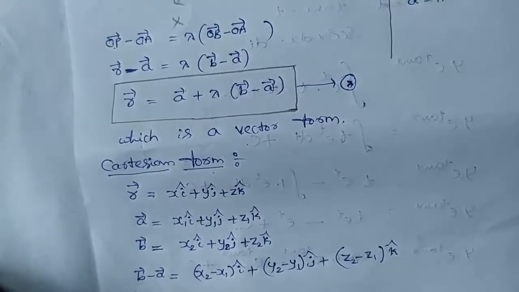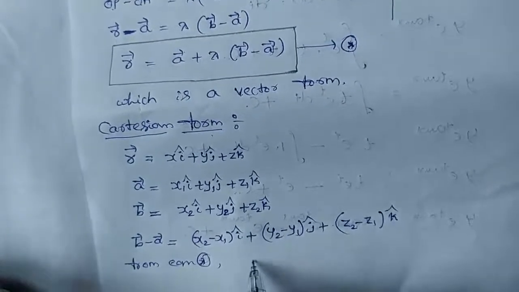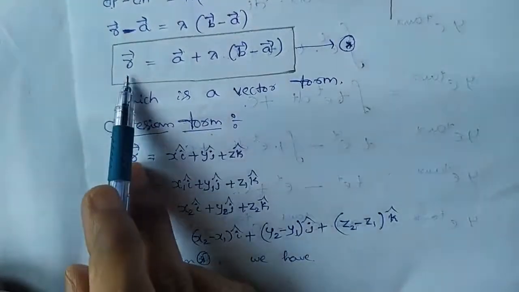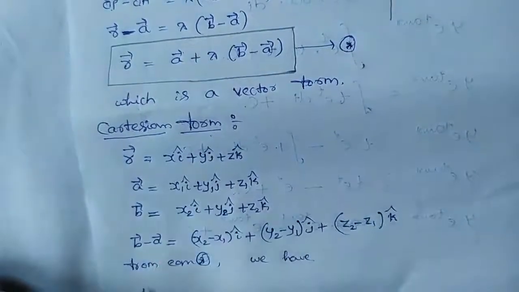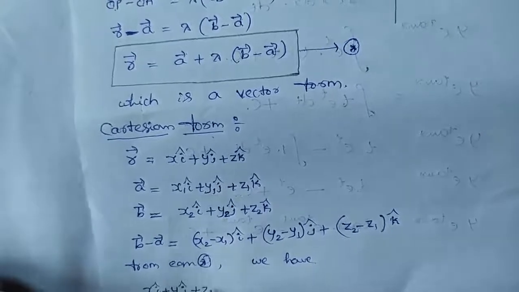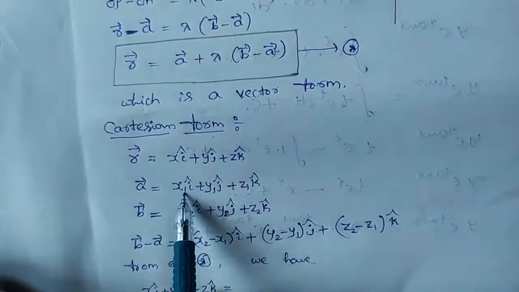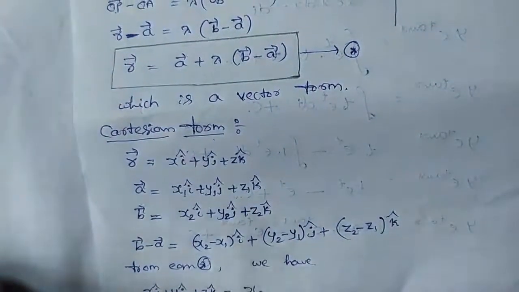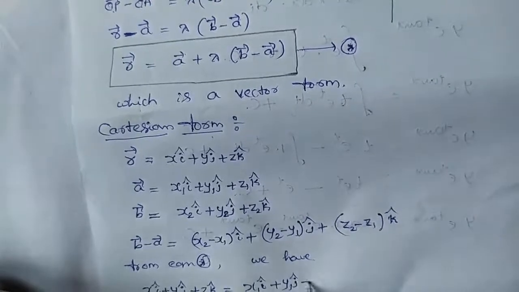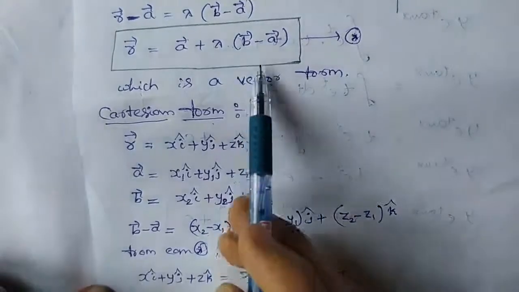From equation star, on the left hand side we have the r vector. The r vector is xi plus yj plus zk, which equals the a vector, x1i plus y1j plus z1k, plus lambda times b minus a.